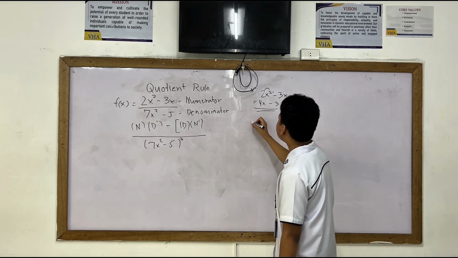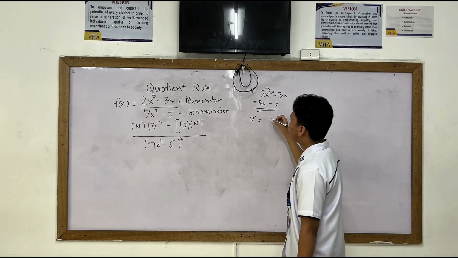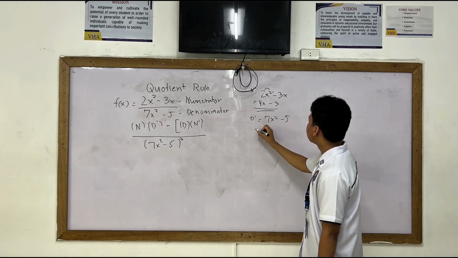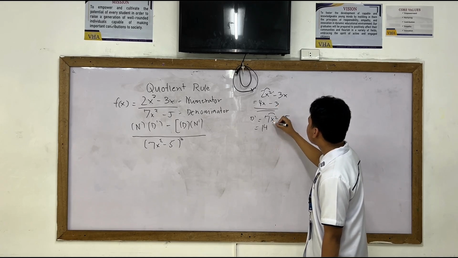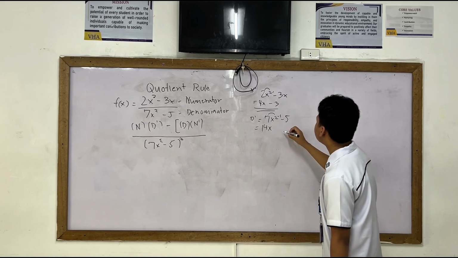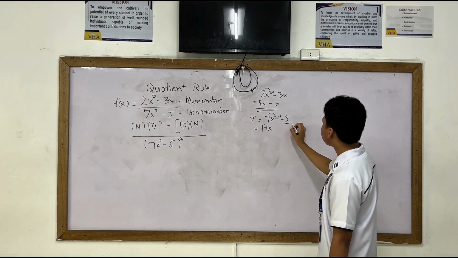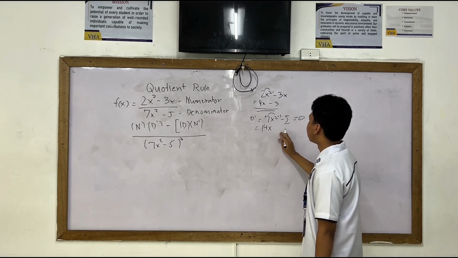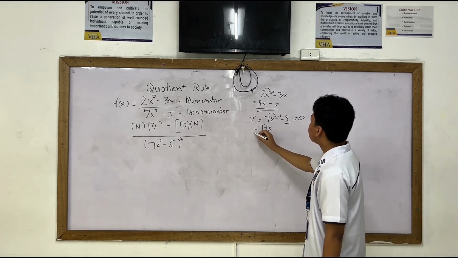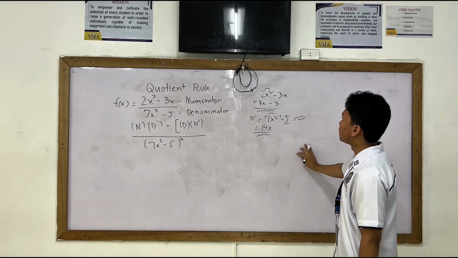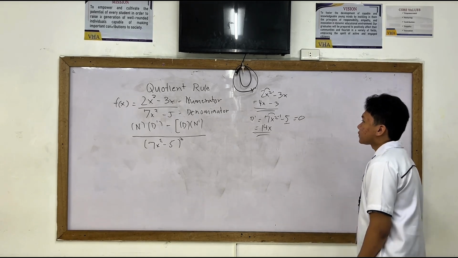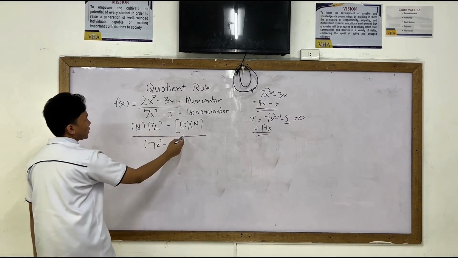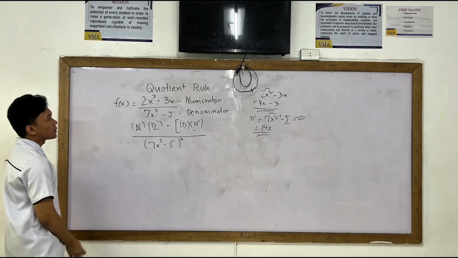And the denominator's first derivative. Let's write it first, 7x squared minus 5. 7 times 2 is 14x, minus 1 leaves just x, and this is a constant, so it's going to be 0. So these are the first derivatives of our numerator and denominator. Now let's change these letters to our given.